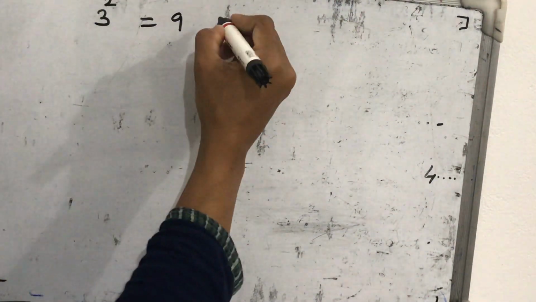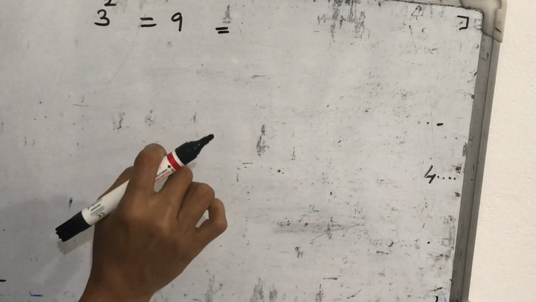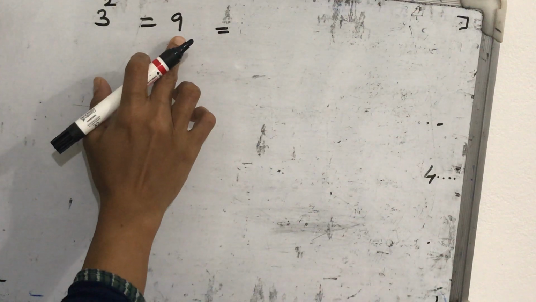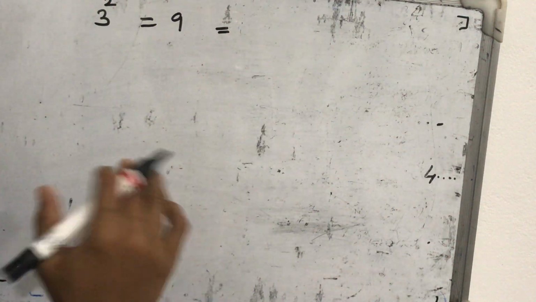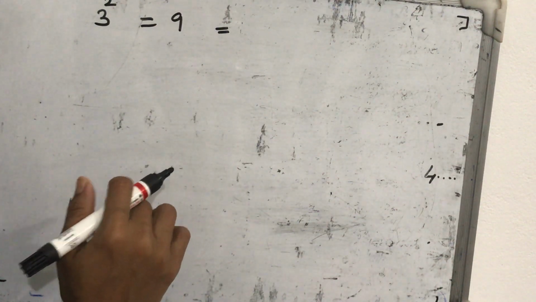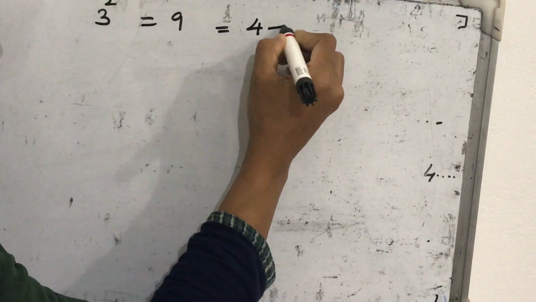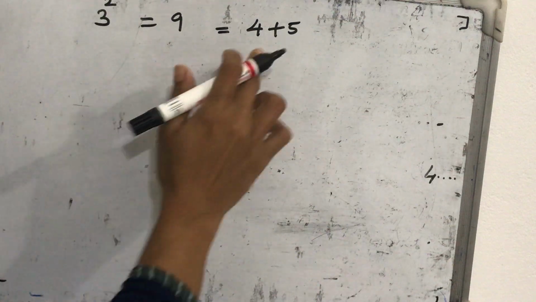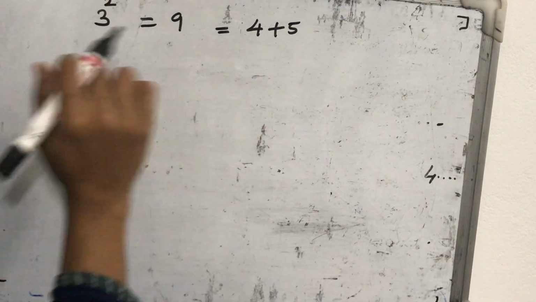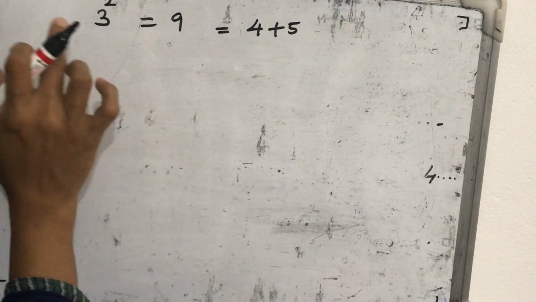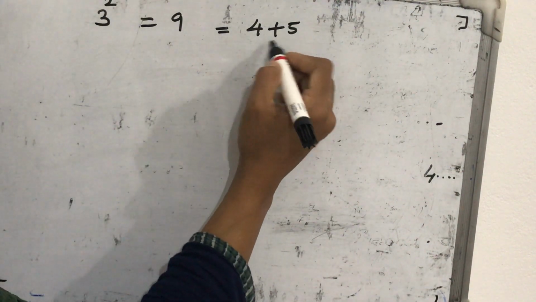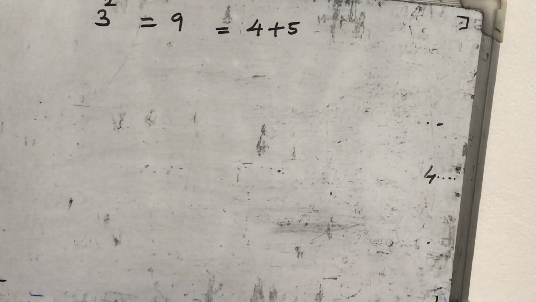And this 9 we can express as the sum of two consecutive natural numbers. How? We can write it as 4 plus 5. 4 and 5 are consecutive numbers, and when we add these two, we get 9. So any odd number's square we can write in this form as a sum of two consecutive natural numbers.